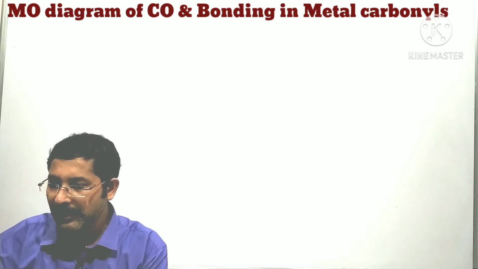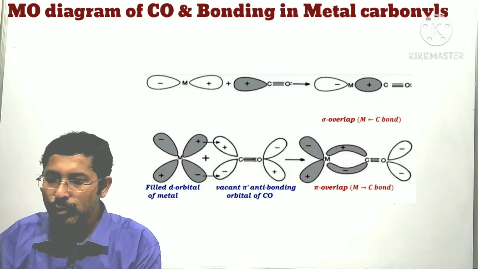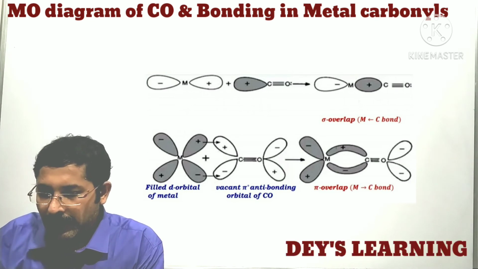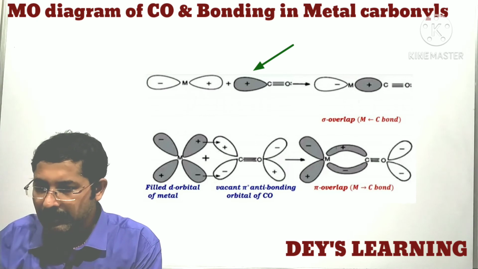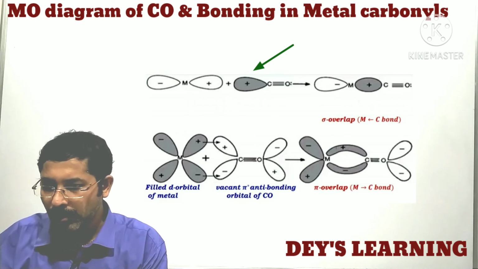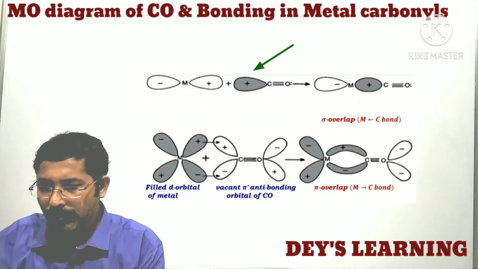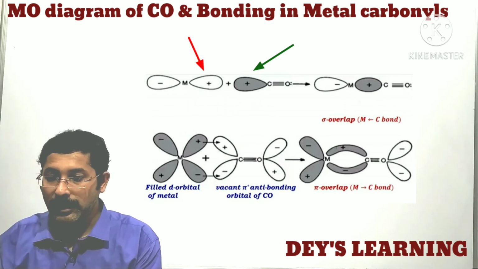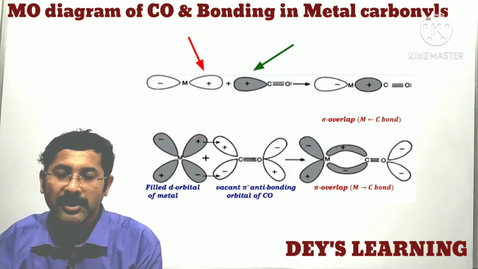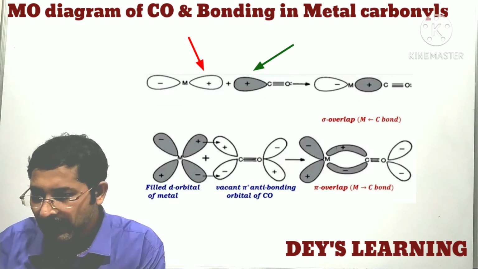Metal carbon bond can be represented by this two orbital picture also. Here the carbon monoxide has a filled sigma non-bonding orbital from which it can donate electron pair to the vacant orbital of the metal, and of course the symmetry of the two orbitals must be matched definitely.